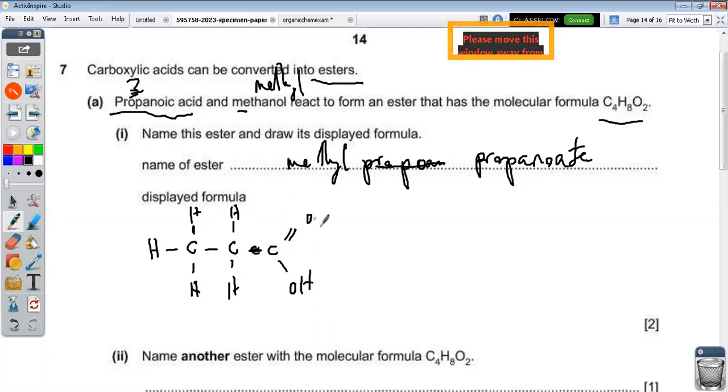The last carbon is always bonded to this if it's a carboxylic acid. Methanol means 1 carbon. Remember, I told you the formula is CnH2n+1OH. So if it's 1 carbon here, it's simply CH3OH. Make sense?